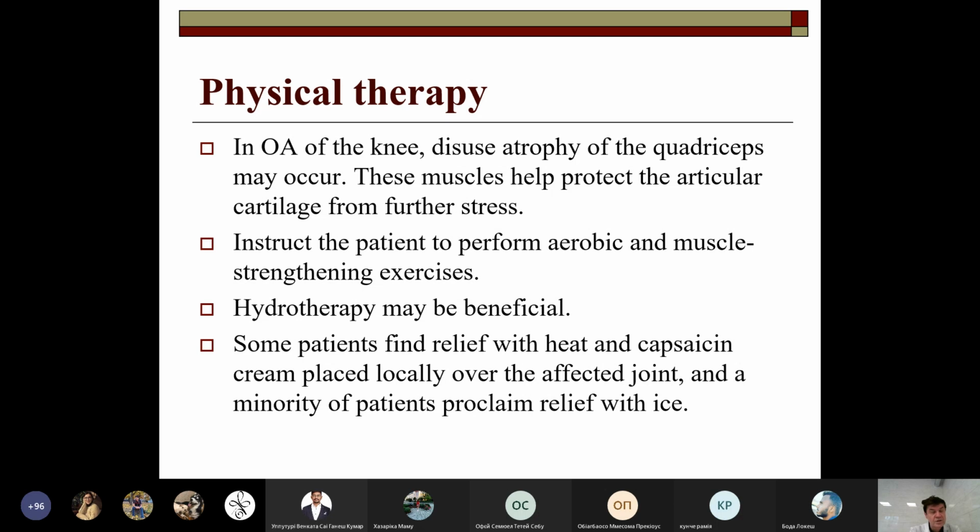Instruct the patient to perform aerobic exercise and muscle strengthening exercise, the final effect of which is closely associated with improved muscle strength and blood flow to the articular structures, which can prevent the progress of muscle atrophy.